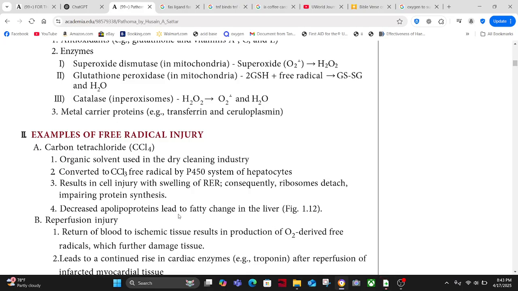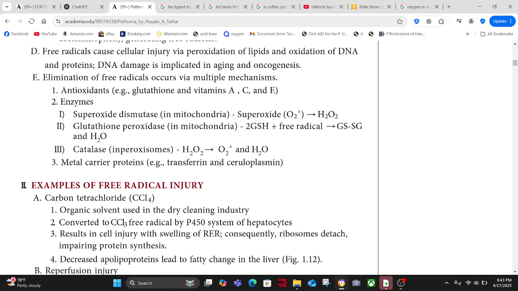What they're saying is superoxide is converted by superoxide dismutase into hydrogen peroxide, and then you see the same hydrogen peroxide in the last step.